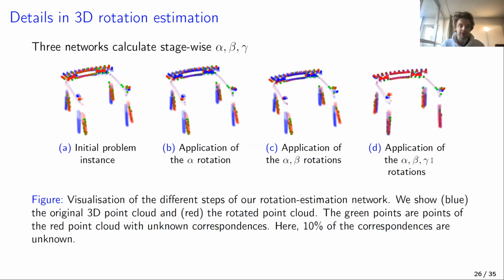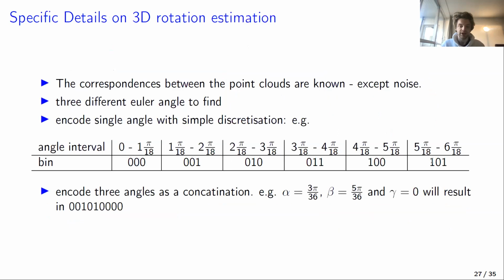Also in this setup, our method is highly advantageous compared to the pure and the other baseline, because we are using again the same setup as in the 2D case. However, now the angle encoding is more complicated because we have 3 different angles, and the 3 different angles get encoded individually, and then finally just put together.